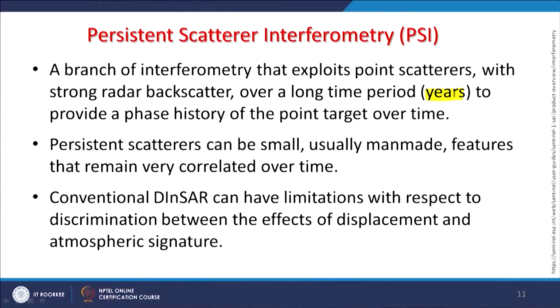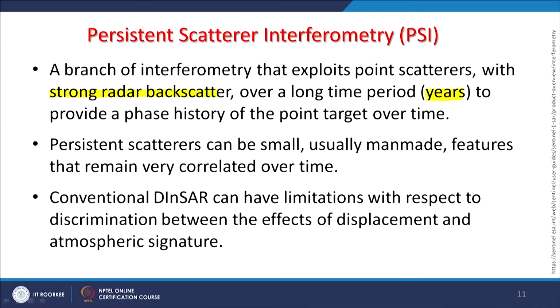Point scatterers with strong radar backscatter over a long time period, which might be years because a lot of successive data is available, let us know the history of that point target over time, how it has behaved.